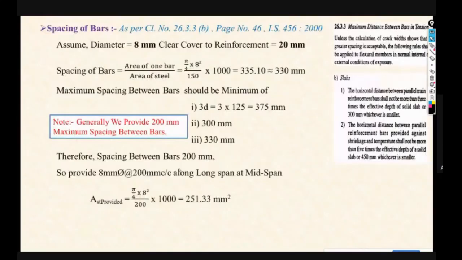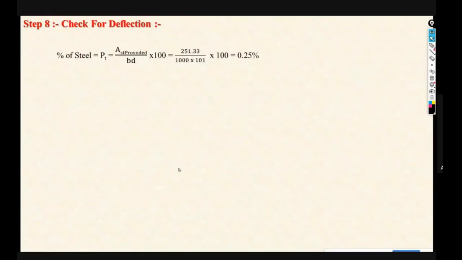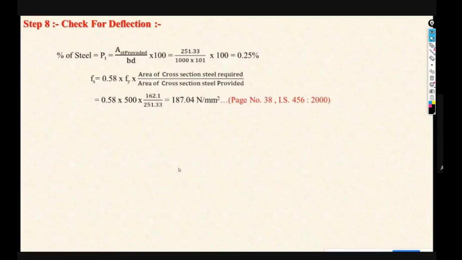Okay, so now here we have calculated the reinforcement at mid span as well as at the support in longer and in shorter direction. Once you calculate the reinforcement, next is just check the deflection. Means whatever depth we have provided, that depth is okay or not for the deflection that we have to consider. Now here, for the calculation of deflection, basically our formula is L by D ratio.